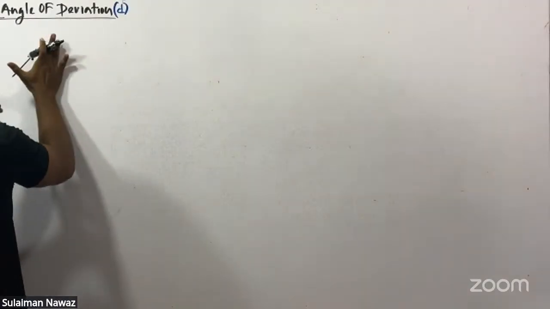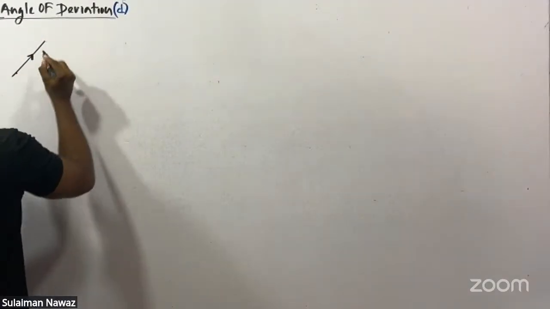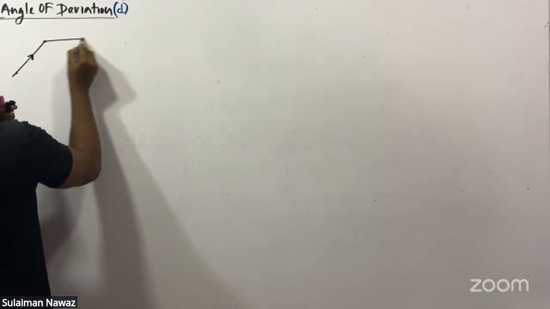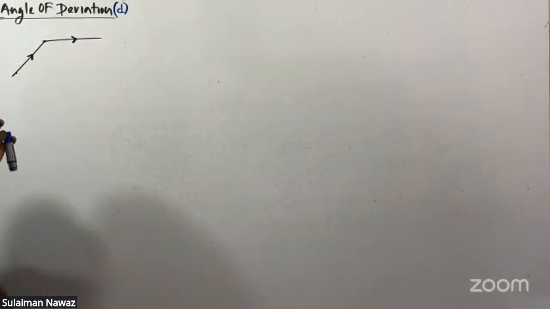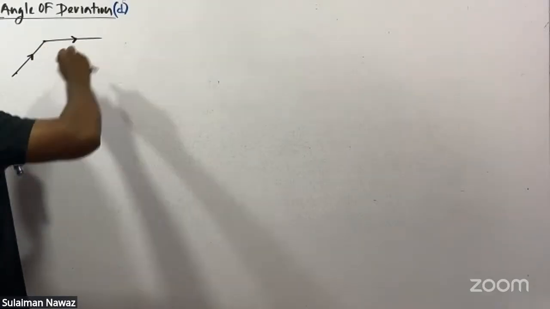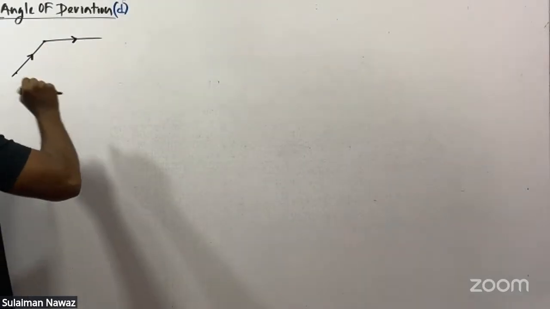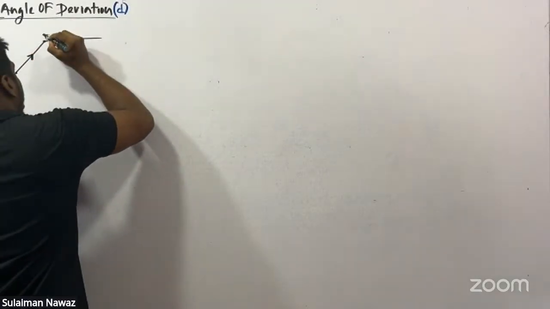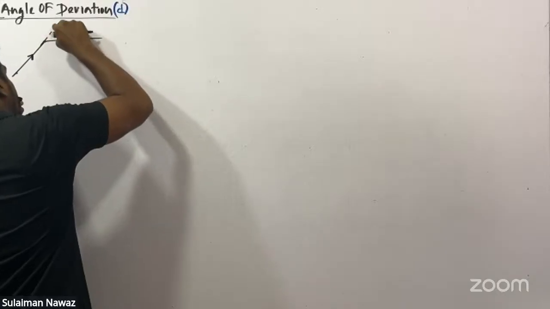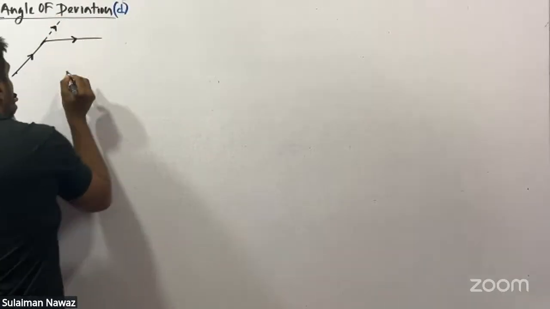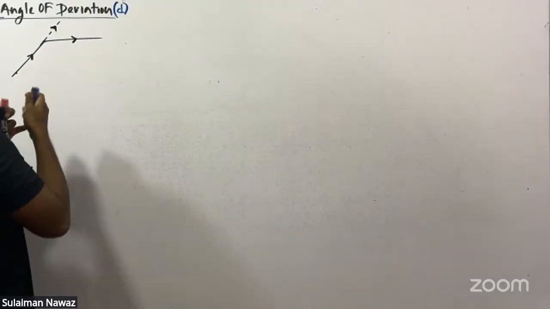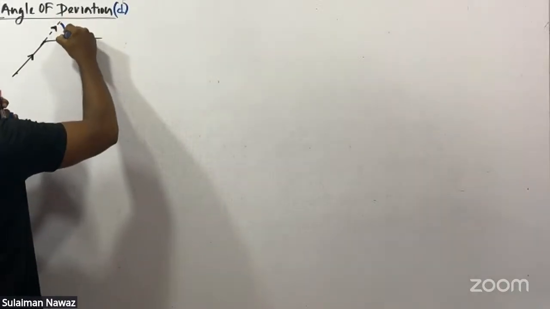Due to reflection or refraction, the path of the light ray has changed. Now this light ray is moving in this direction. Earlier it was traveling in this direction. The angle of deviation means the angle measured from the initial direction to the final direction.